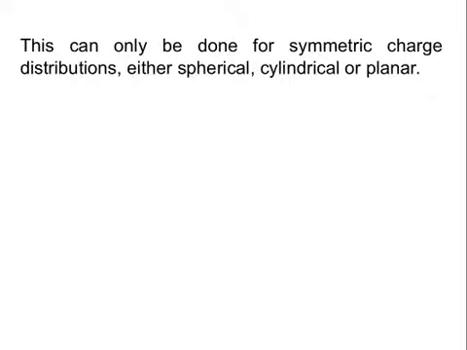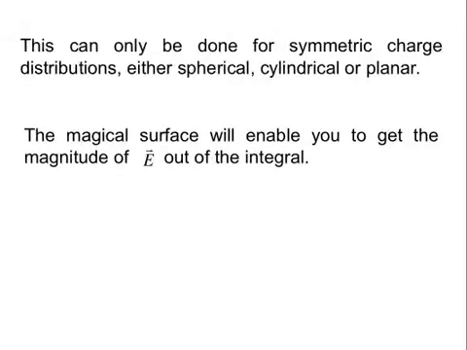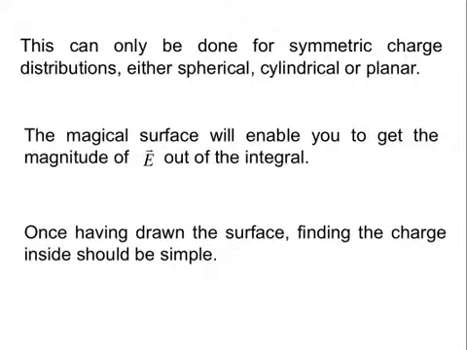This can only be done for symmetric charge distributions, either spherical, cylindrical, or planar. The magical surface will enable you to get the magnitude of E out of the integral. Once having drawn the surface, finding the charge inside should be simple.